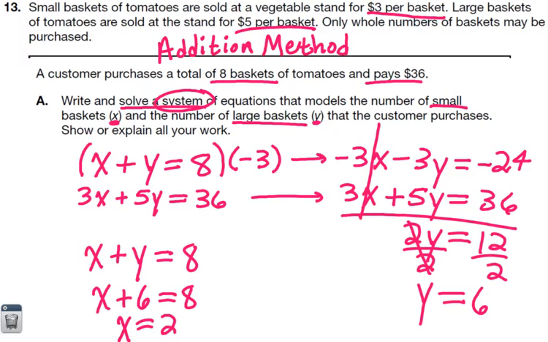I call it the addition method because we literally add the two equations together once you have either the x's are opposites or the y's are opposites. And sometimes, here's one of the things I wanted to say in this follow-up video to part A, sometimes you already have opposites in the equations.